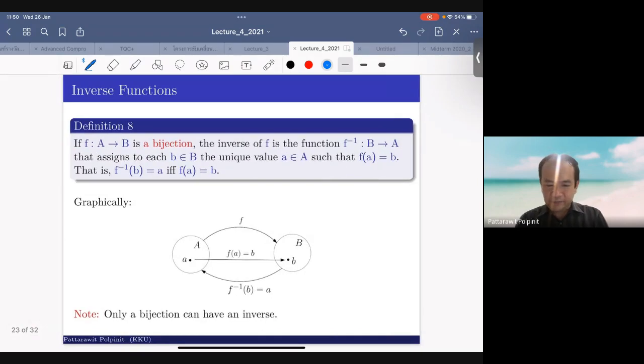Inverse function. Suppose we have a function. The inverse function is the opposite of that function.